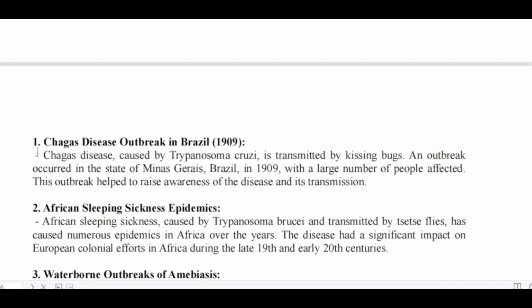An outbreak occurred in the state of Minas in Brazil in 1909, with a large number of people infected. This outbreak helped to raise awareness of the disease and its transmission, but actually it caused a lot of losses.